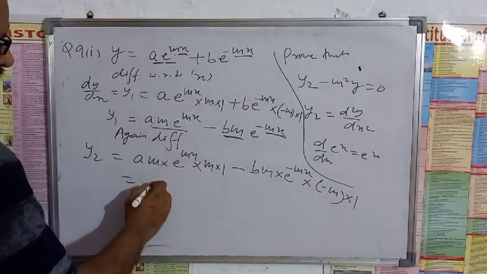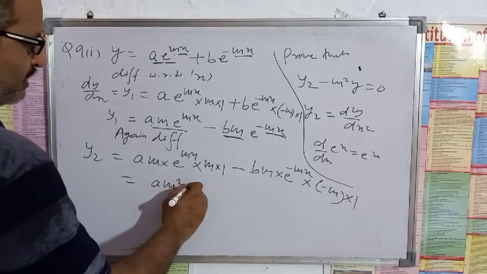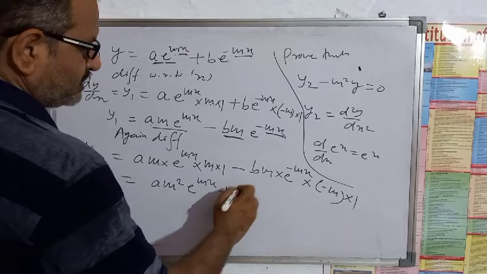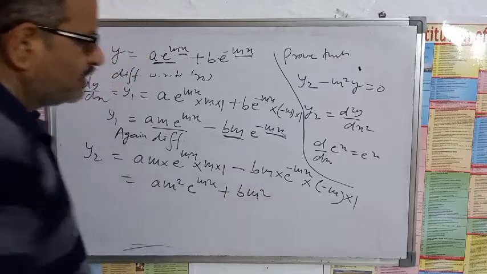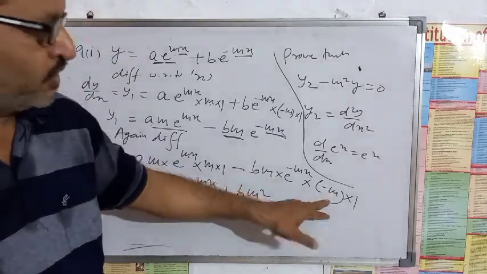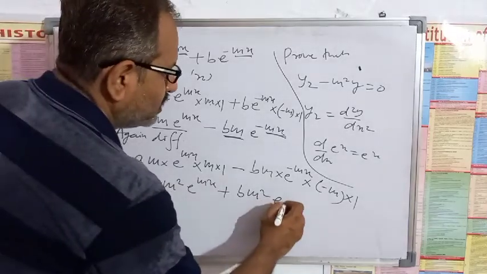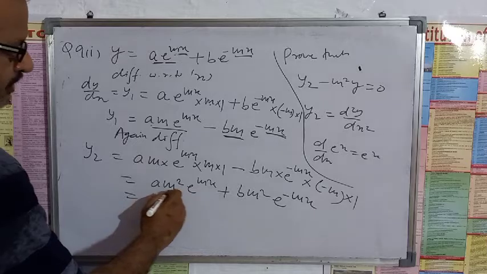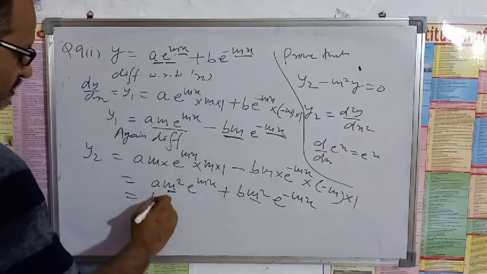So m into m, am square e to the power mx, minus into minus plus bm into m, bm square e to the power minus mx. What is common? M square is common.